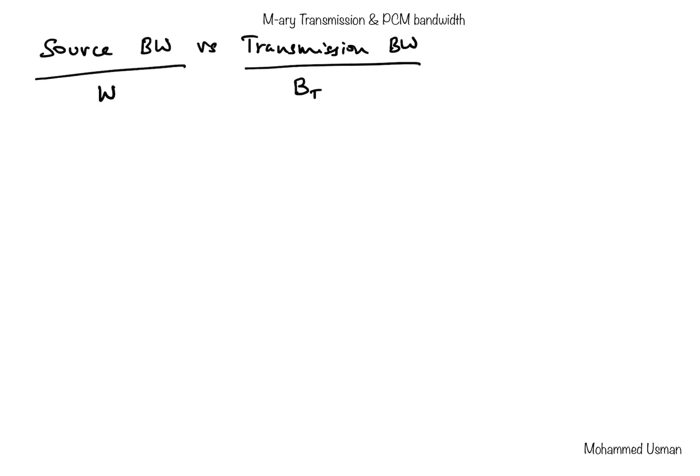Let's work it out. So let's consider our bit rate RB, the transmission bit rate, to be equal to the source bit rate. For example, if the analog to digital conversion is going to produce the small rb bits per second, which is equal to n times the sampling rate Fs. n is the number of bits per sample, and Fs is the number of samples per second.